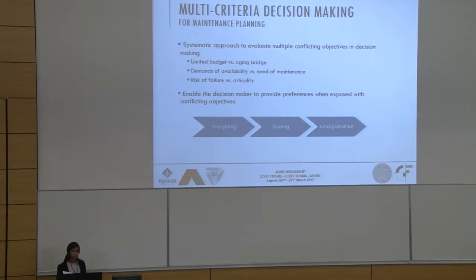But as I already discussed before, not all of these performance goals are of equal importance for us. One performance goal could be more important for us as compared to another. So scaling is the procedure where we perform this trade-off among different performance goals, or you could say the performance indicators. And then finally we combine all of these values and perform the maintenance planning based on weighting and scaling.